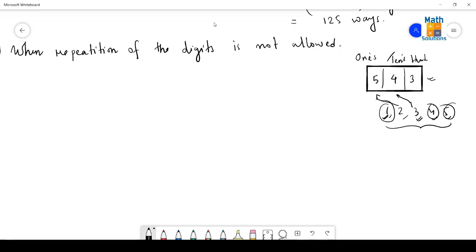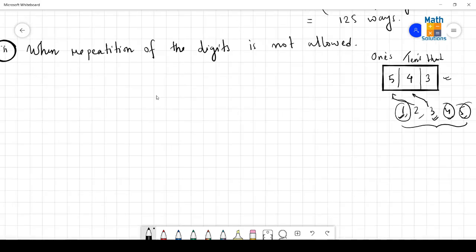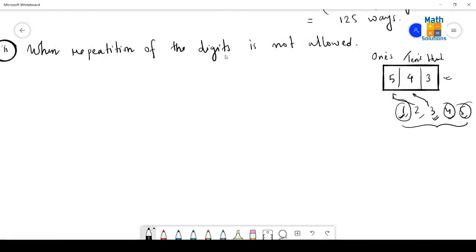Now the proper way to write it down. This is the way. Ones place can be filled in 5 ways.